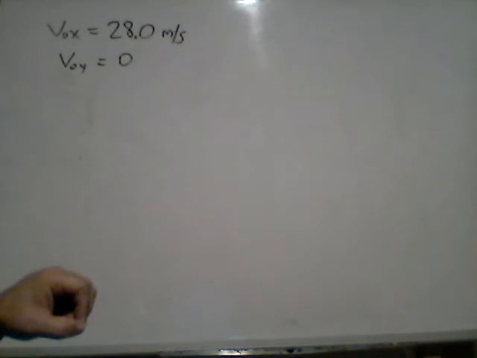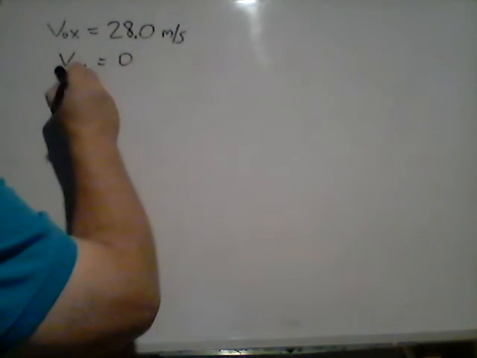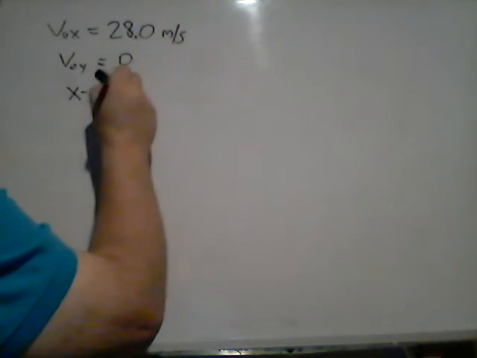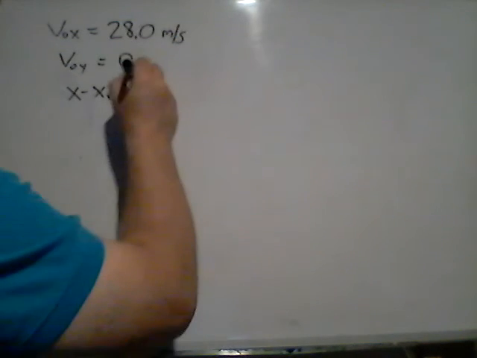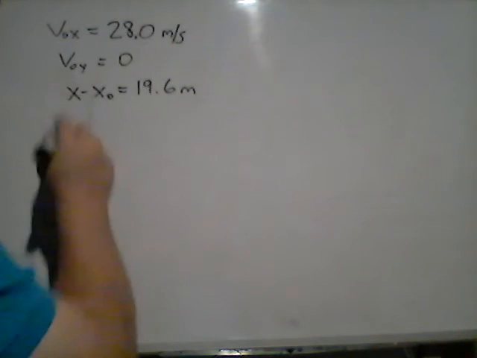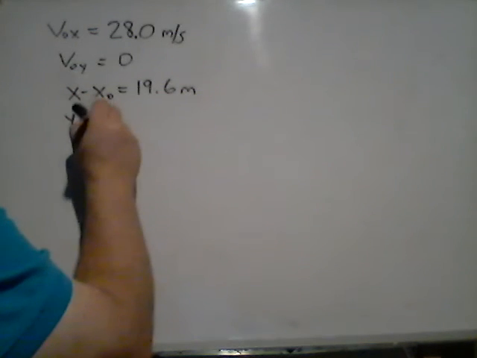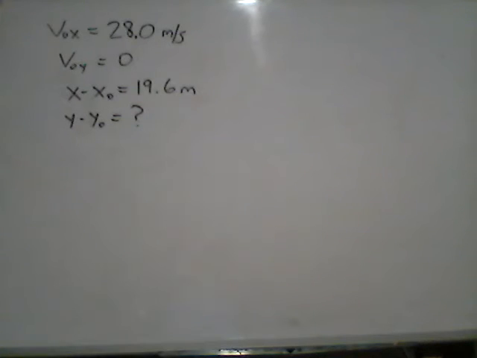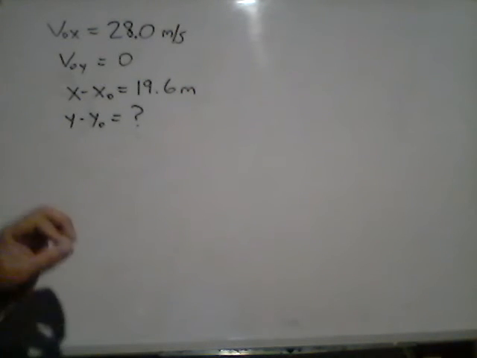The free fall particle is essentially as if you dropped the tennis ball toward the ground, with no initial velocity in the y direction. What else do we know? The range in the x direction, x minus x naught, is 19.6 meters. What we want to find is y minus y naught, the height above the ground of the tennis ball when it was struck.